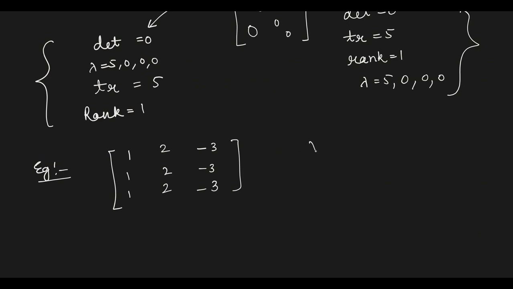What are the eigenvalues? 0, 0, 0. AM is, sorry, AM is 3. What is GM? It is again 3 because it's a rank 0... 3 minus rank of A. Rank is 1, na? Sorry, yes, rank is 1, so GM will be 2. A rank 0 matrix is possible only when the matrix itself is the zero matrix. So AM is not equal to GM.